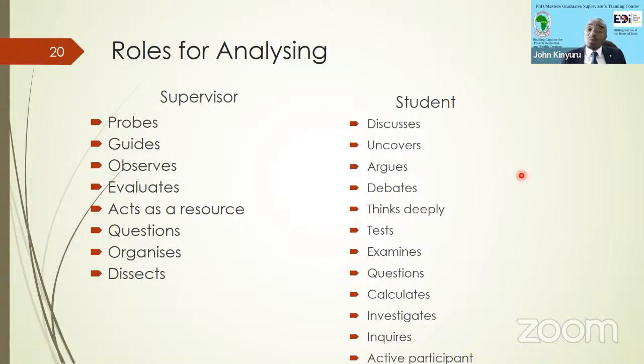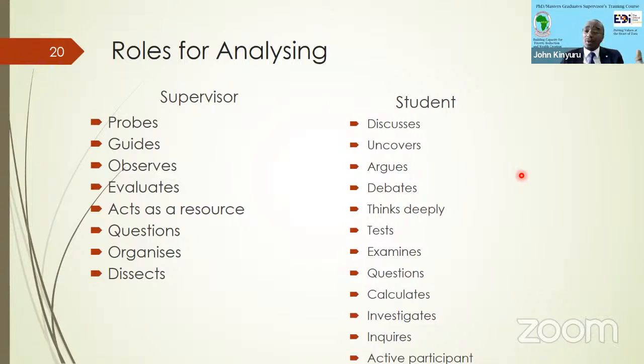In fact, you as a supervisor should be the one giving them the new papers that are coming out in a certain field. If you know student John Kinyoro is working on this new area of discovery, it is your role as a supervisor to keep learning what is new, what is coming up, and you keep sending them information. One way of doing that is Google Scholar, which helps us a lot.